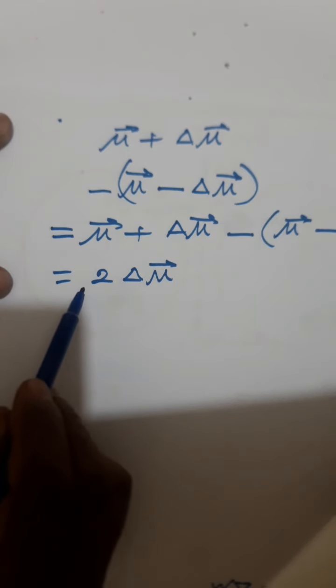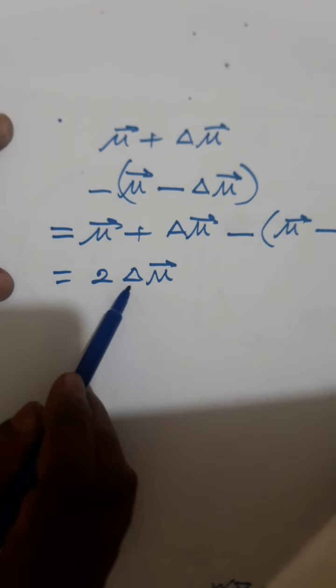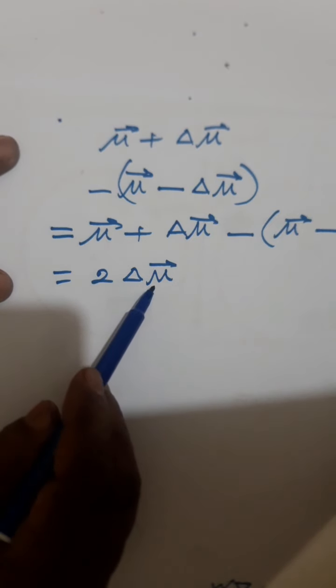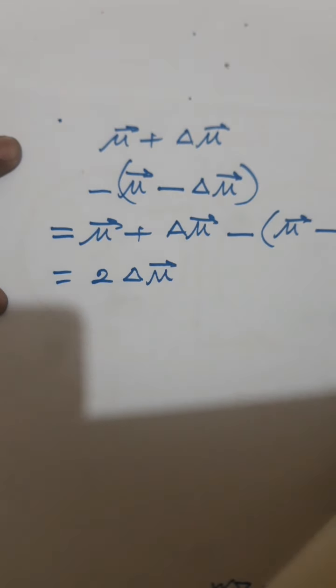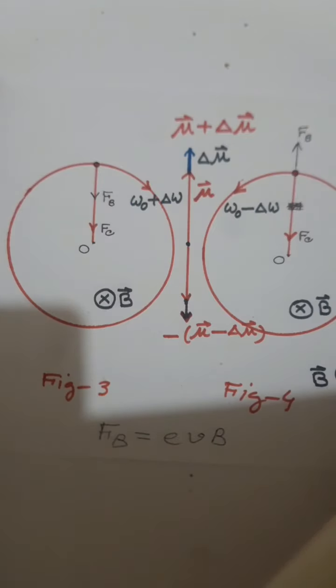And the resultant magnetic dipole moment of the atom is twice delta mu, which is vertically upward. It is opposite to the applied field, as the field was applied vertically downward.